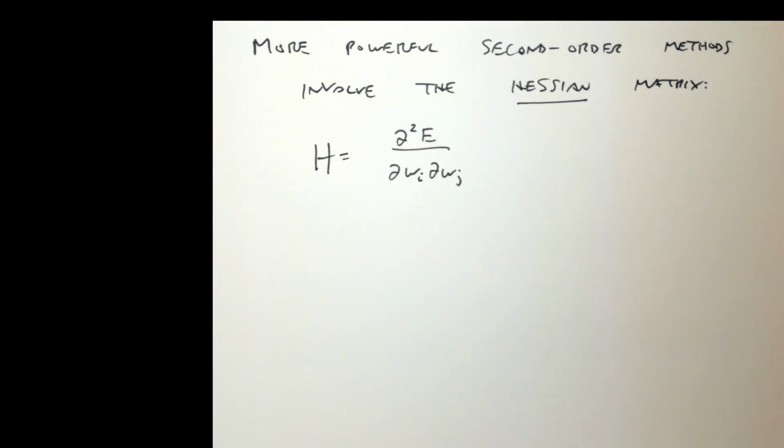And so if I have n weights, instead of being an n by 1 vector, I have an n by n square matrix that corresponds to this matrix of partial derivatives.